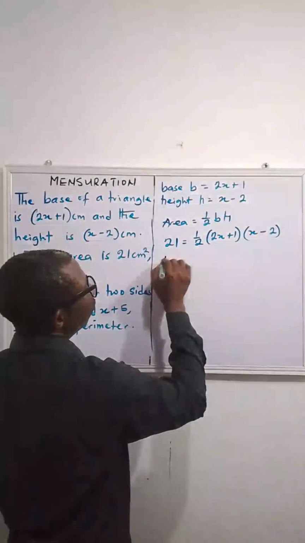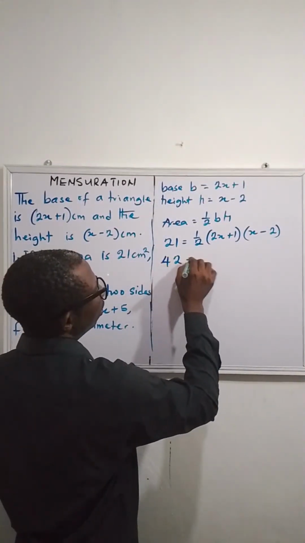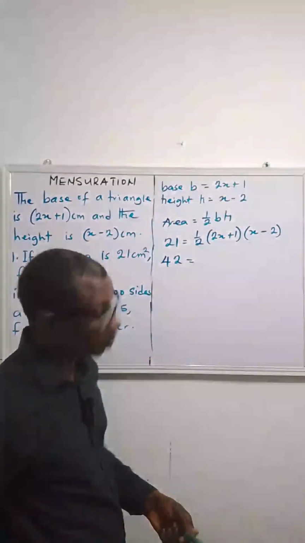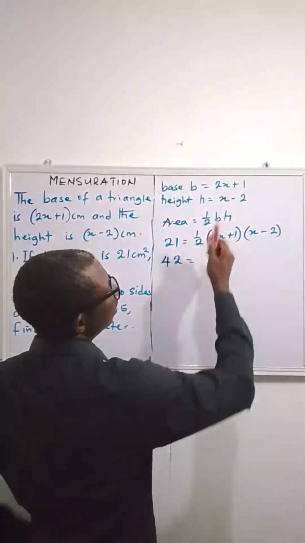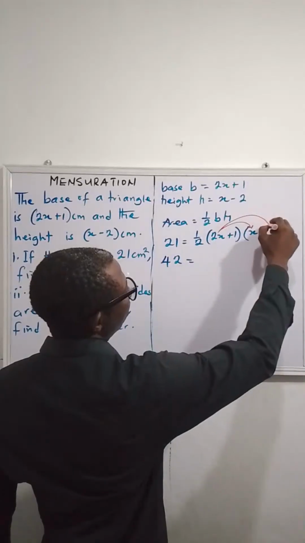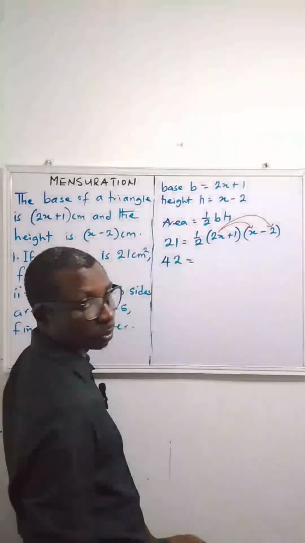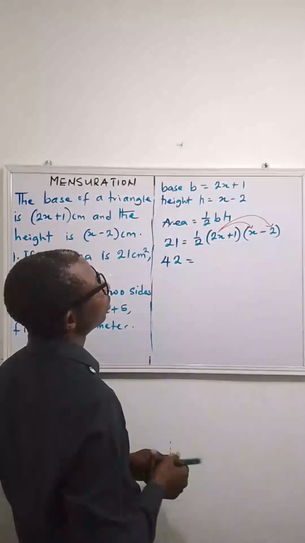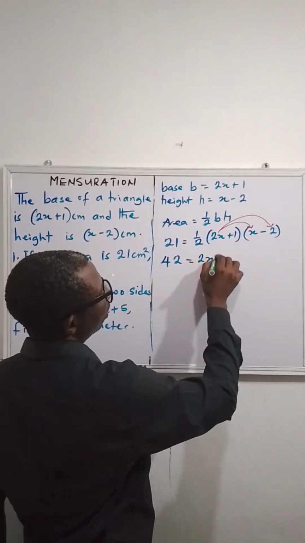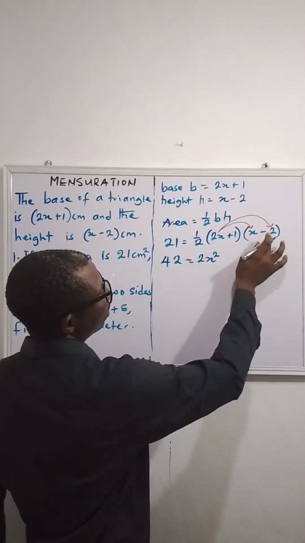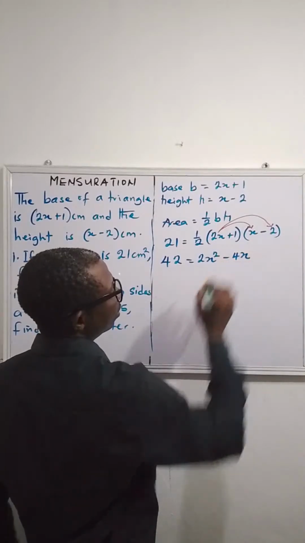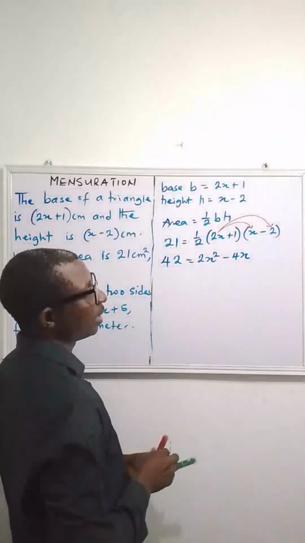So we have 42 equals, can we expand this one now? To expand, this term 2x, we multiply x, and we also multiply negative 2. So 2x times x, we have 2x squared. 2x times negative 2, we have negative 4x. What's the next thing?